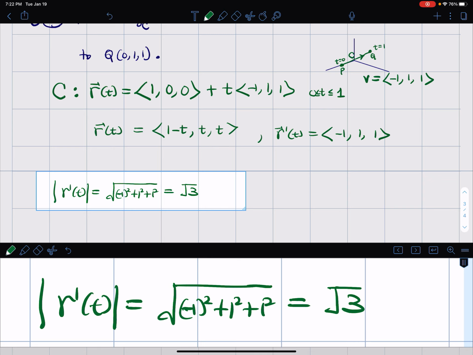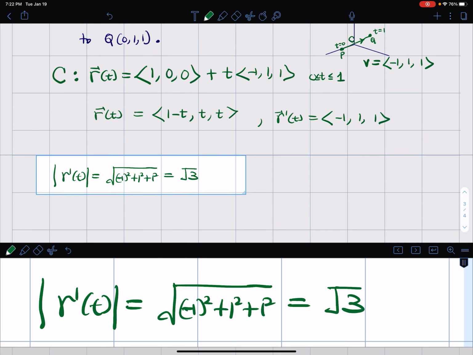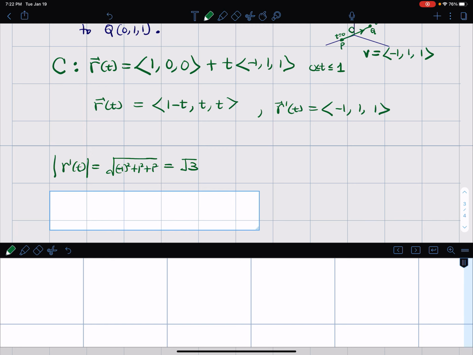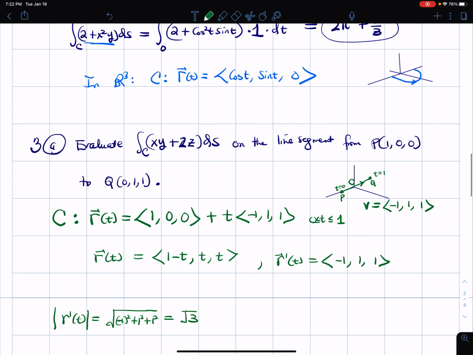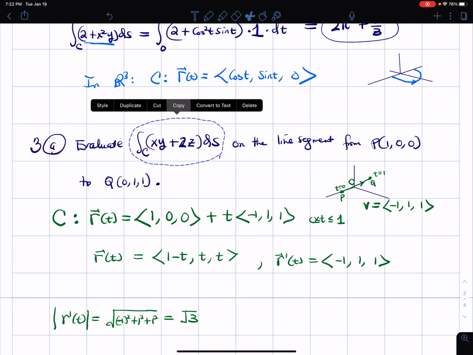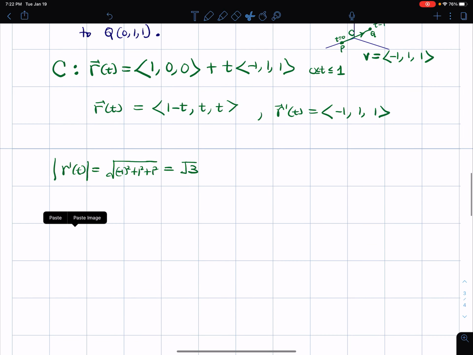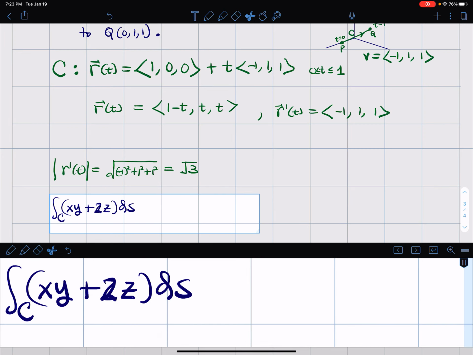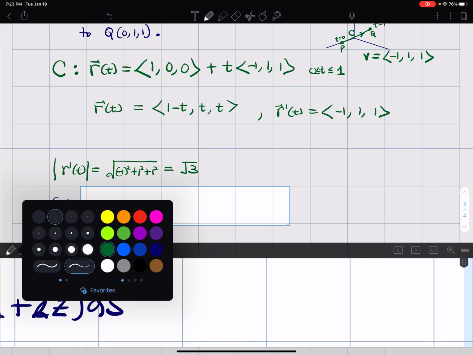Now, what do we want? We want to be able to calculate this line integral, and we have all the ingredients now.